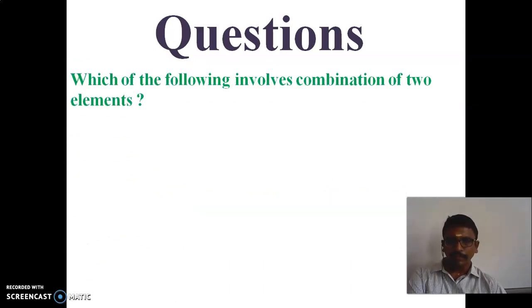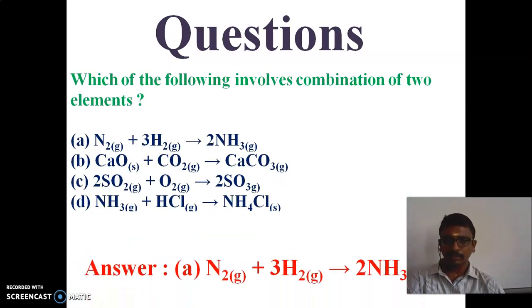And next is, which of the following involves combination of 2 elements? Combination of 2 elements: the nitrogen and hydrogen, it is a diatomic molecule. So here the nitrogen is one element, here the hydrogen.